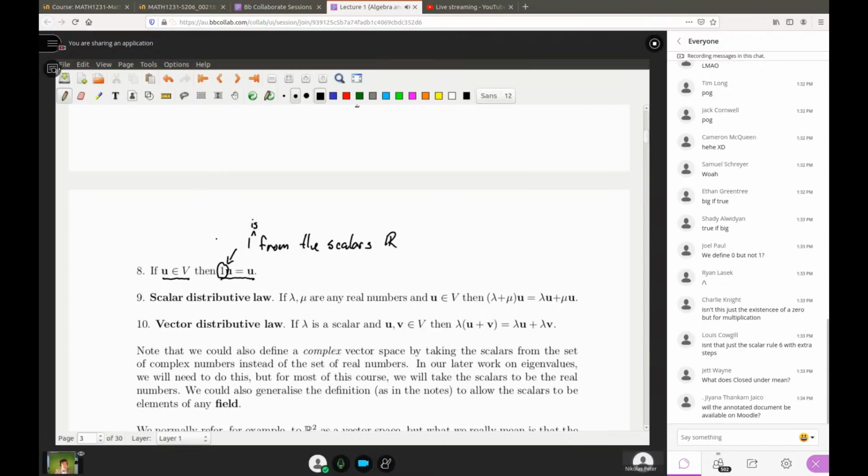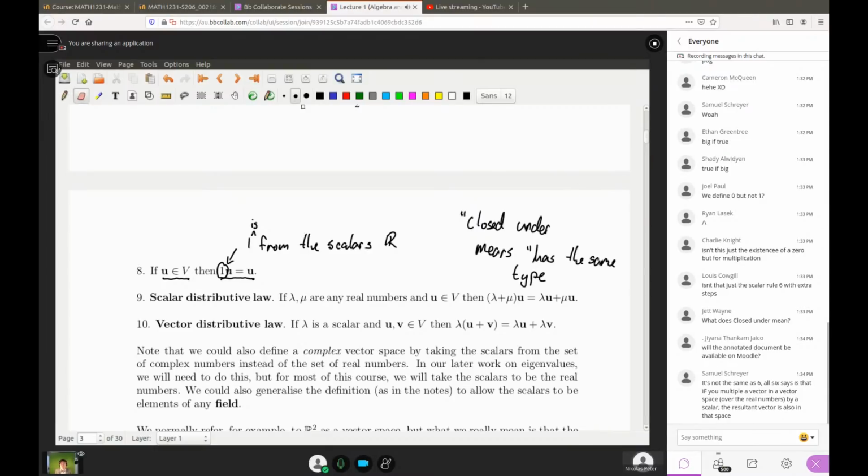What does closed under mean? Closed under means it is the same type. So let's put that one down. Closed under operation, because we're talking about two operations here.